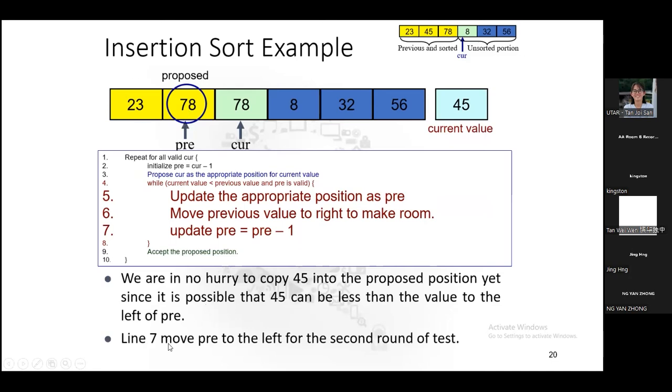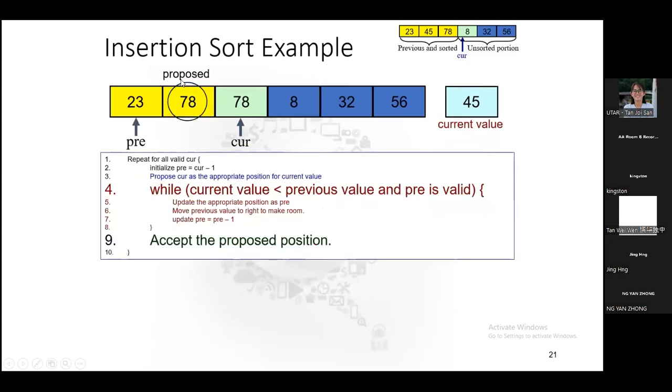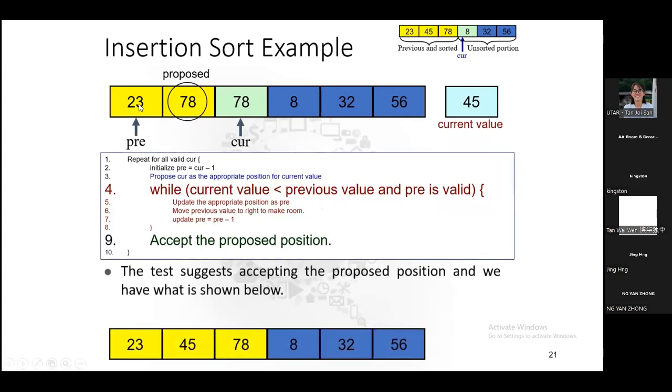So what happens in line 7 is that we update pre to the left for the second round of the test. We have to do the update because we have to check which is the proper position. When we test it over here, 23 is not greater than 45, right?